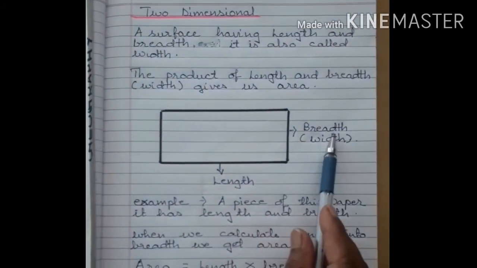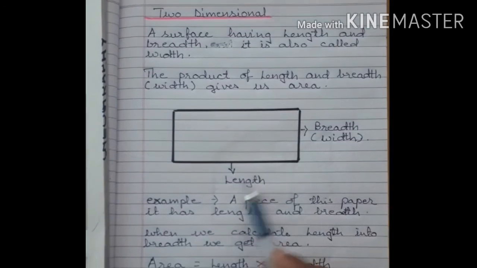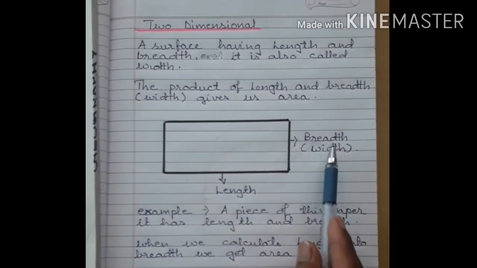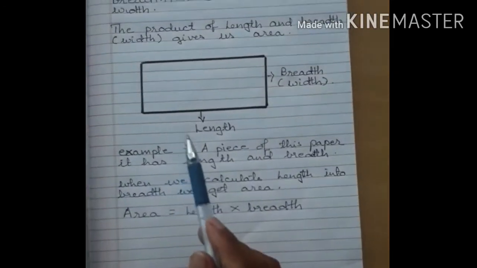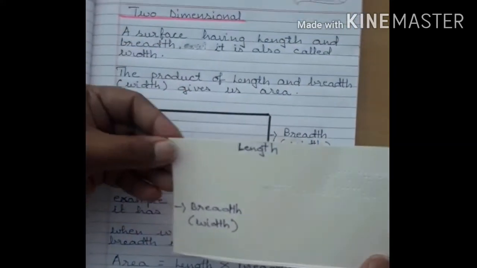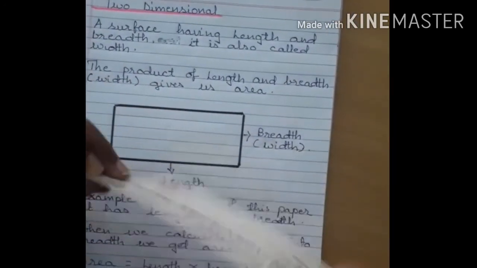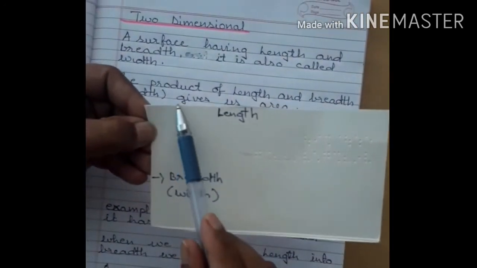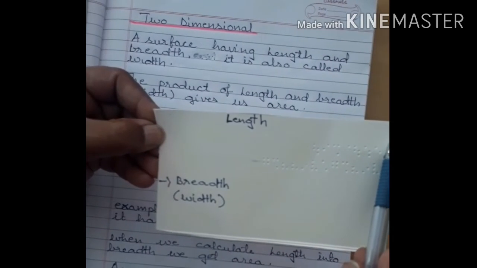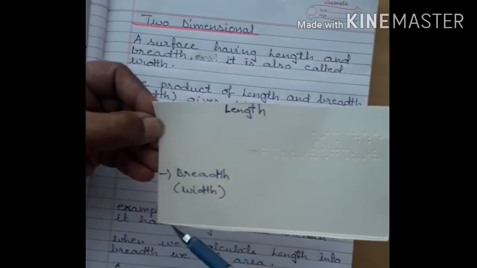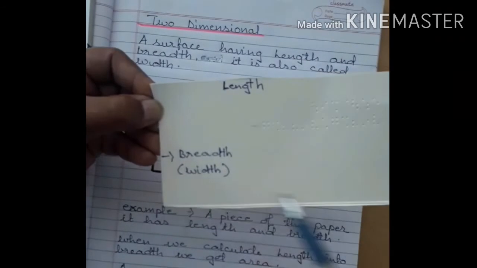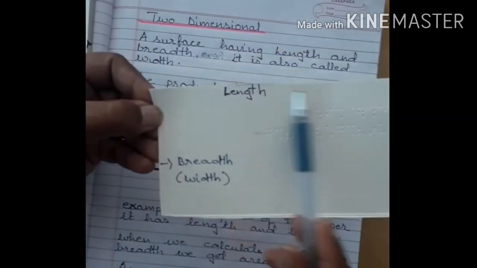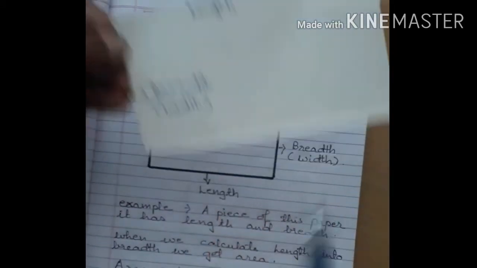This is the length and this is the breadth. Breadth is also called width. Now you can see this rectangular piece of paper which I have cut. This is the length of it and this is the breadth. When we calculate length into breadth, we get the area of this particular piece of paper.